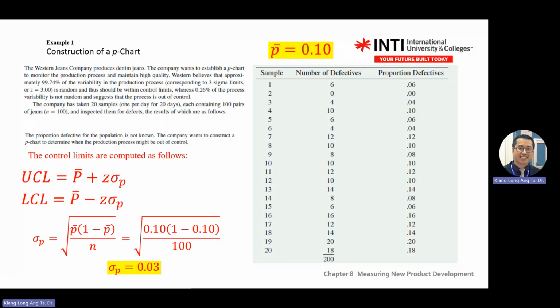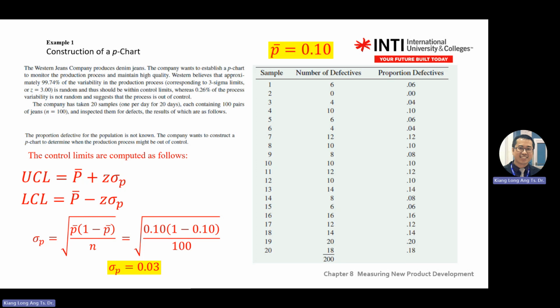Now, previously, we learned about P chart. P chart is defect proportional, which is in percentage.